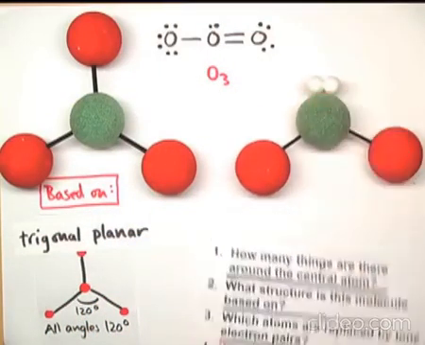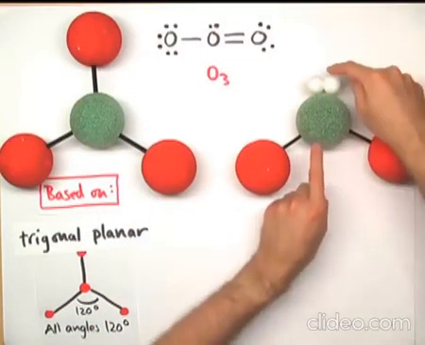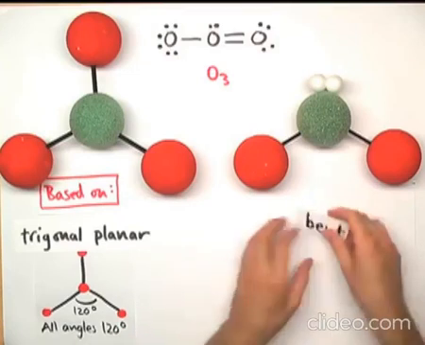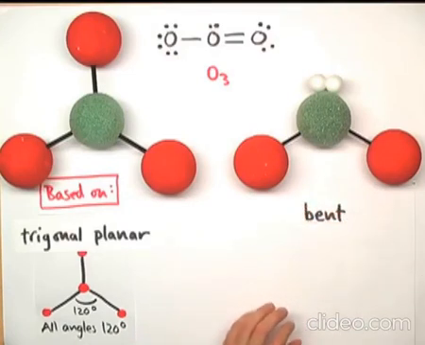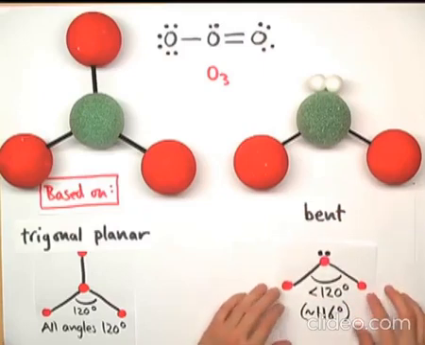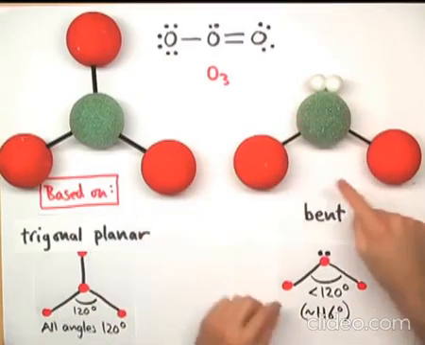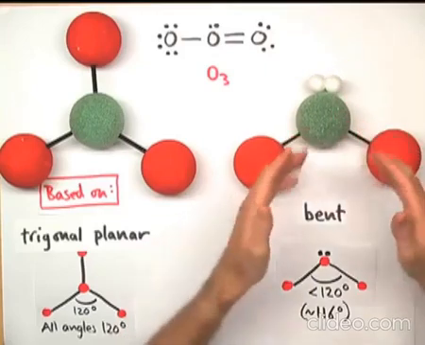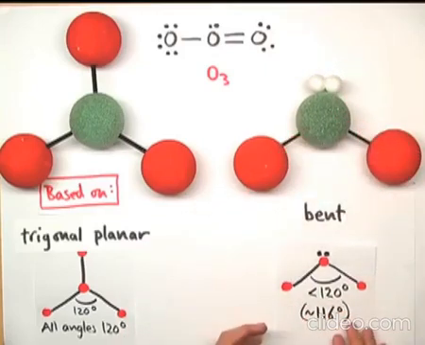So this is the shape that I'm going to get. Here is a lone electron pair that replaces this atom, and that means I'm going to have a bent molecule with less than 120 degrees between these angles, because this is pushing a little harder, an angle of about 116 degrees.